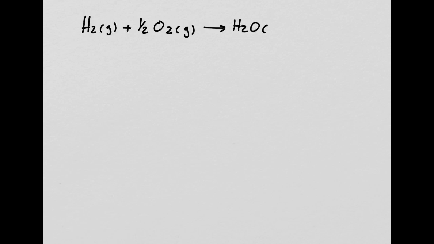Now, I want to give you another reaction. The reaction is H2 gas plus half O2 gas goes to H2O gas. And I want you to tell me what the delta H of this reaction is. You can actually do this. What do you think the delta H of this reaction is?